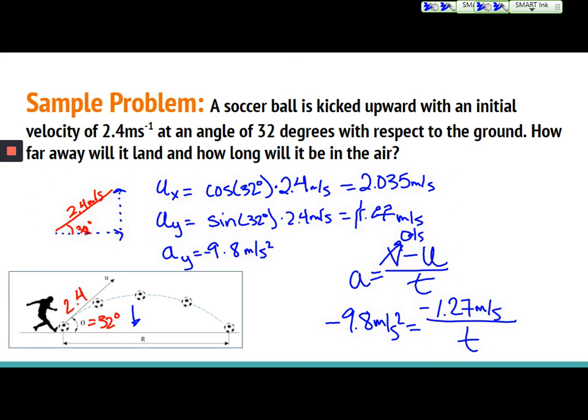It's going to take you a little bit of algebra. But your time for half of the trip is 0.129. So if you double that, time for the total trip is going to be 0.26 seconds.